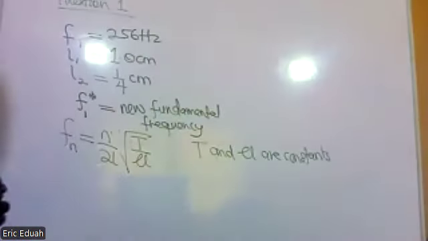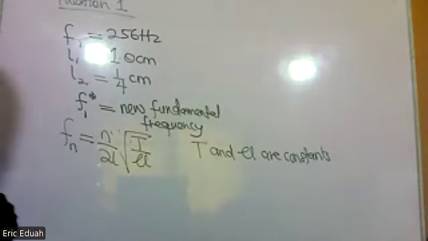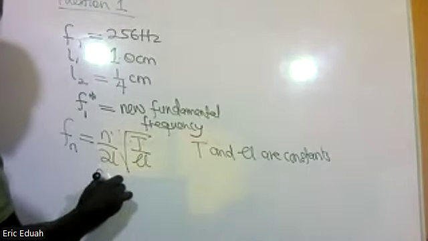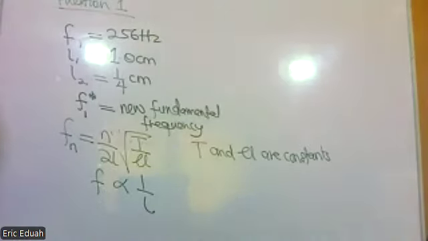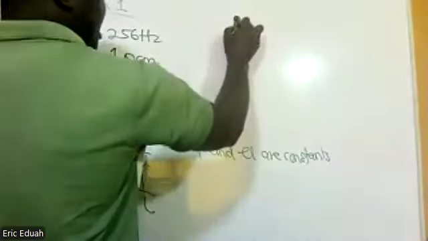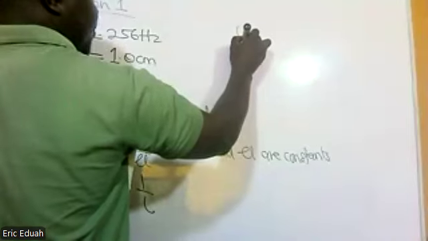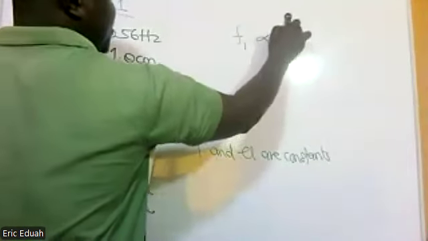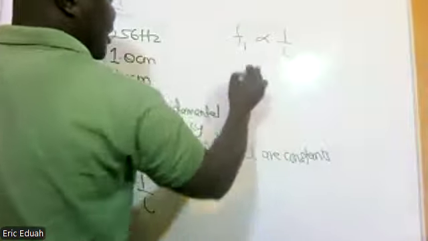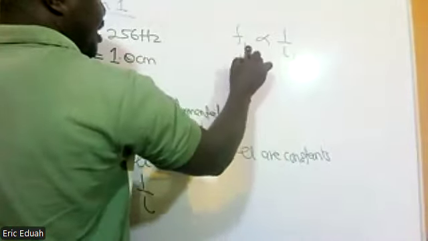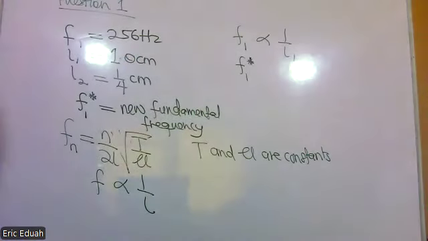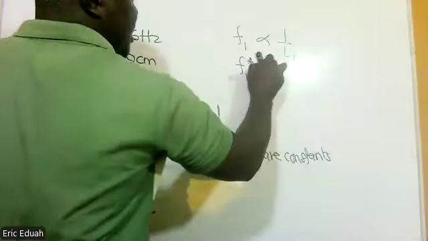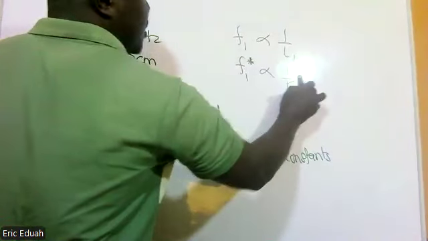So if T and mu are constant, then F is just inversely proportional to the length. So F1 will be directly proportional to 1 on L1. F1 prime would also be inversely proportional to L2.